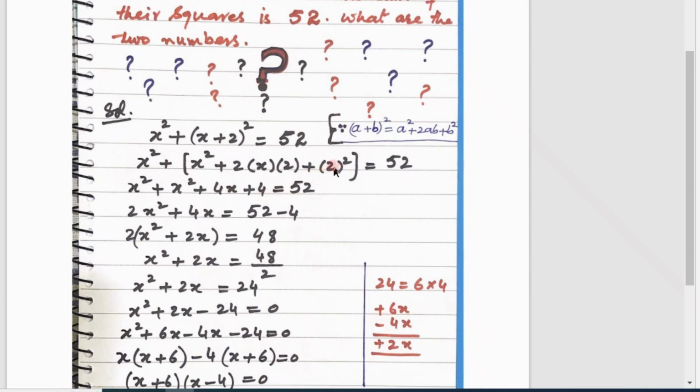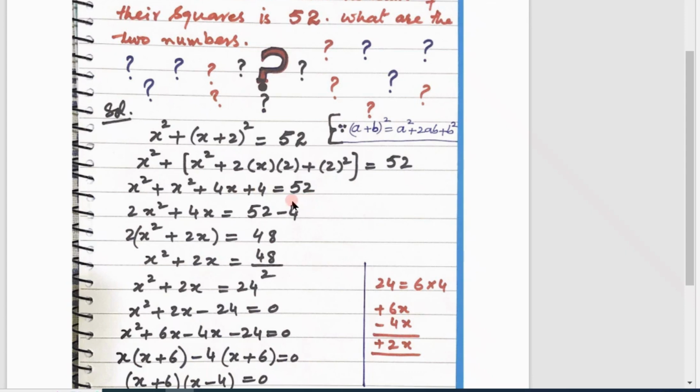I am not multiplying this 2 with this 2; I have told you before, 2 square means 2 multiplied by 2, so you should write down 2 multiplied by 2 in the rough column. 2 2s are 4, is equal to 52. Plus 4 can be shifted towards the right side to simplify this and bring it into a proper form so that we can do middle term breaking.